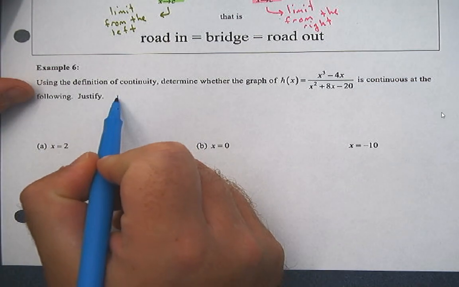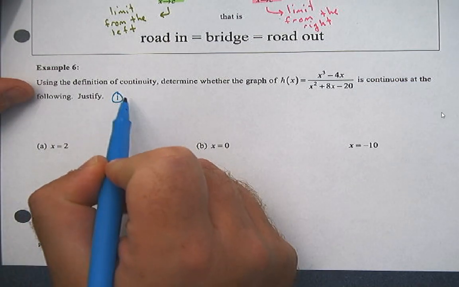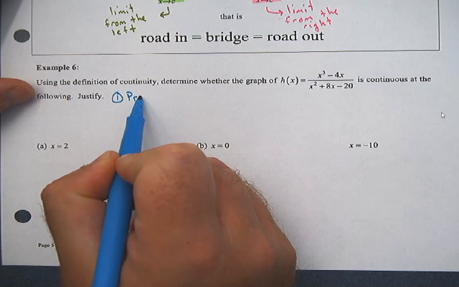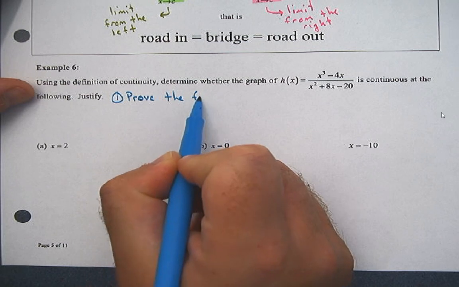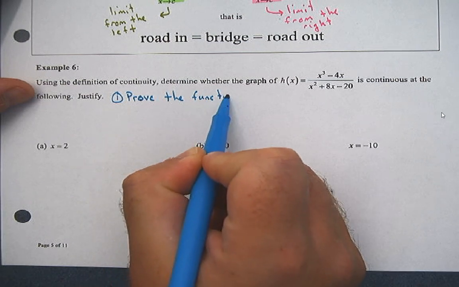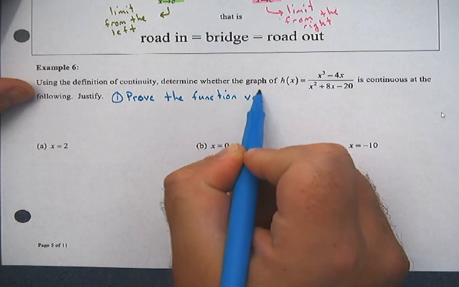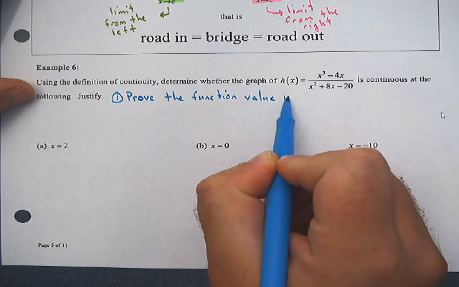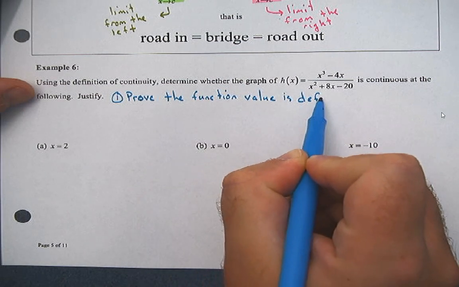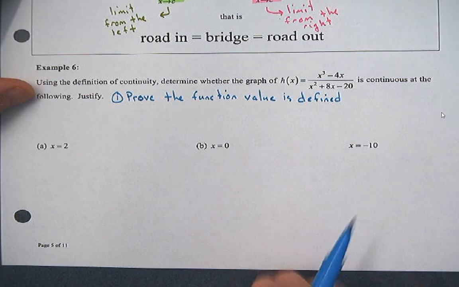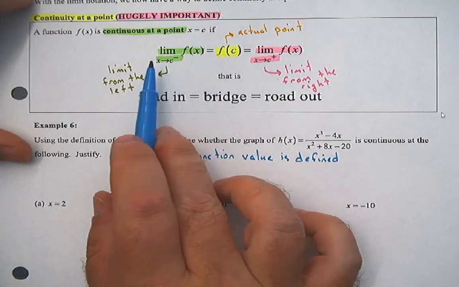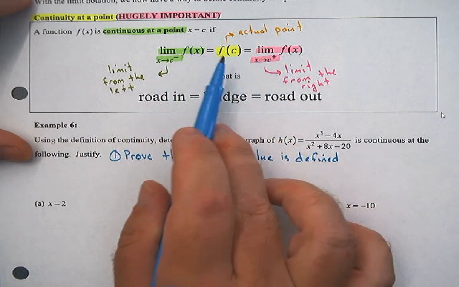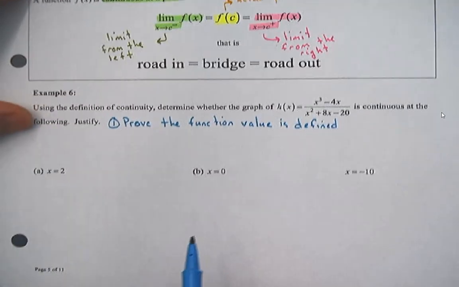Number one, I have to prove the function value is defined. So I have to prove that there's a point. I can't have the smooth transition across the chasm if there's no bridge. So I need the point.